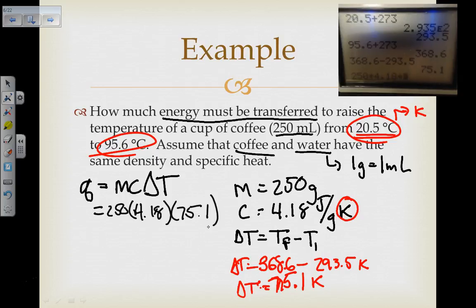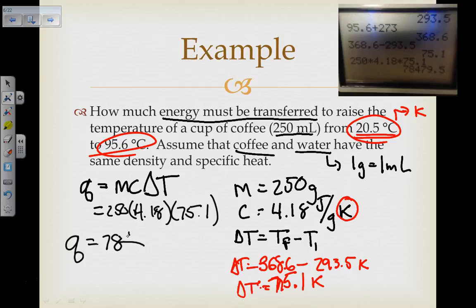And so the amount of heat that needs to be transferred is 78,479.5 joules.